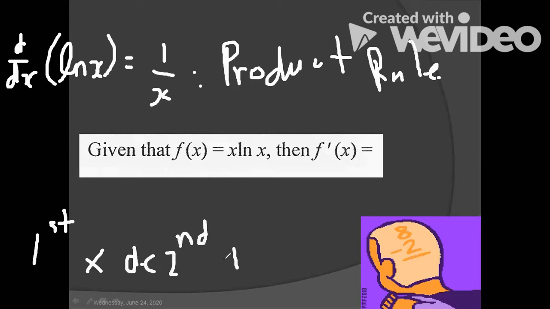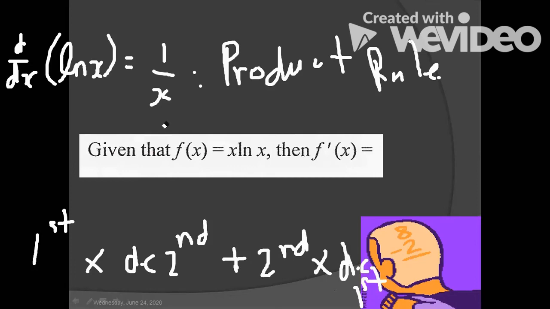I know in textbooks it doesn't actually go like that, but this is how I remember: first times the differential of the second plus the second times the differential, or dx, of the first.